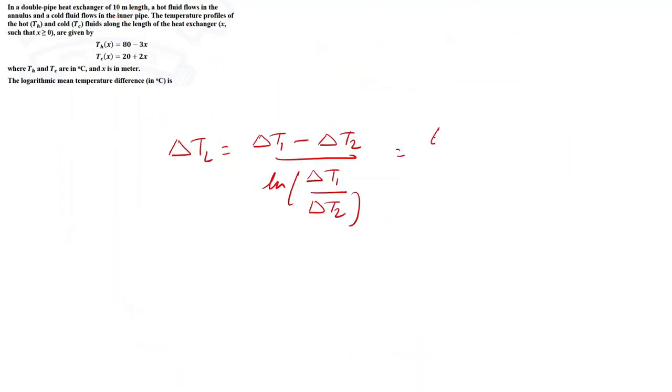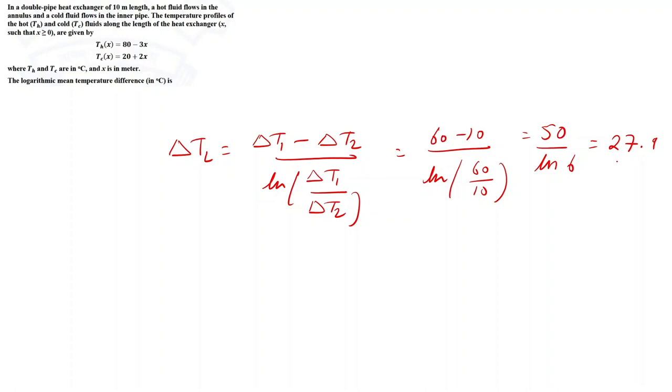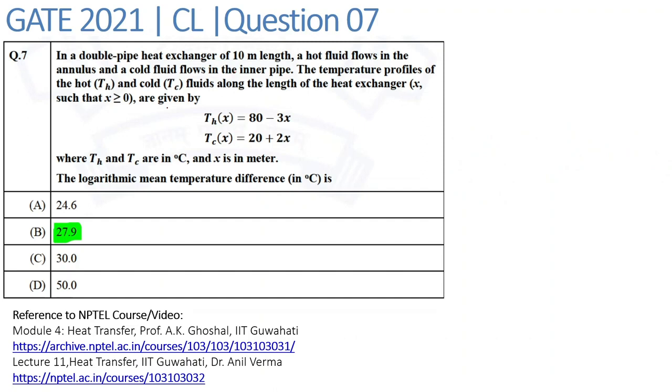So it will become 60 minus 10 upon ln of 60 upon 10. It is 50 upon ln of 6. So you can solve this using the calculator, and this value will come around 27.9. So our log mean temperature difference is 27.9 degrees Celsius. So from the given options, option B is correct, 27.9 degrees Celsius.